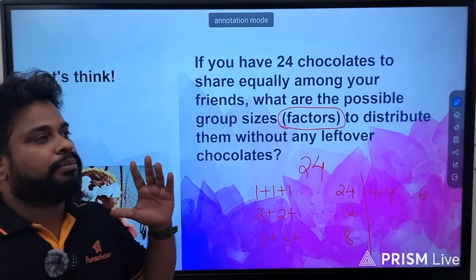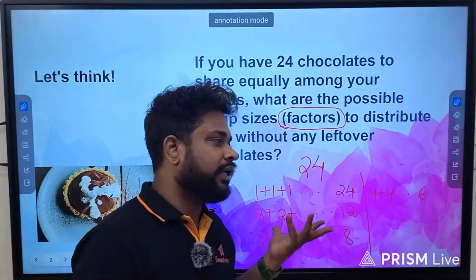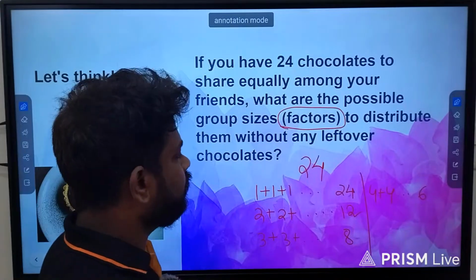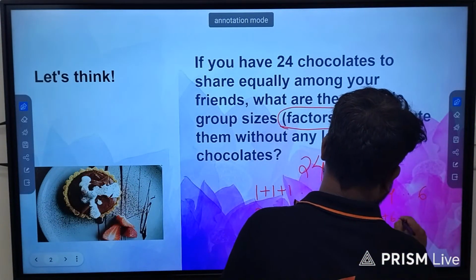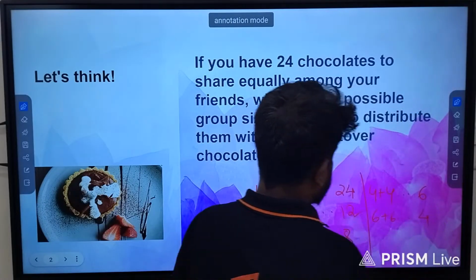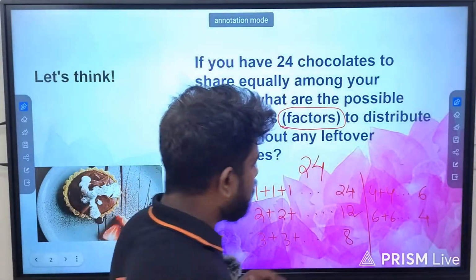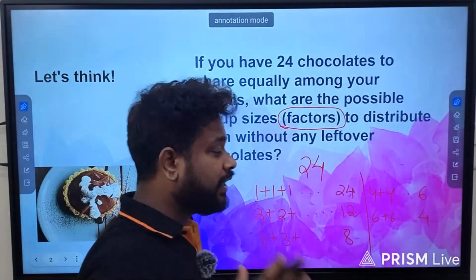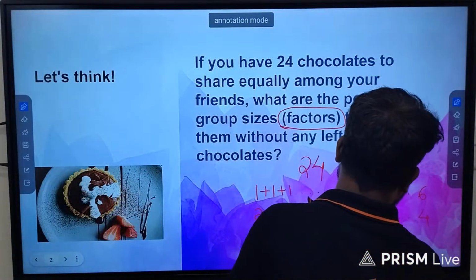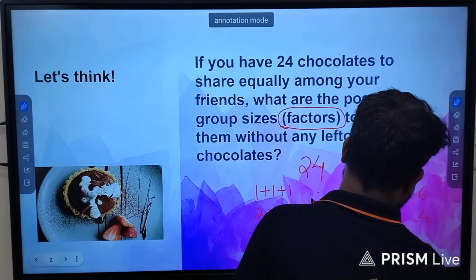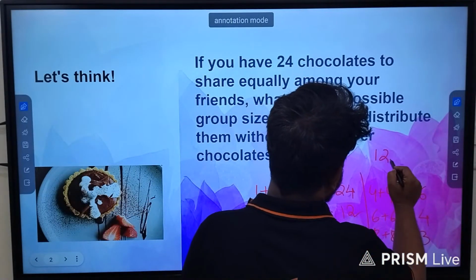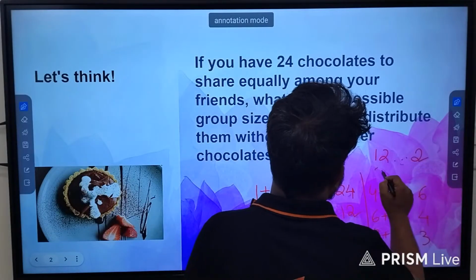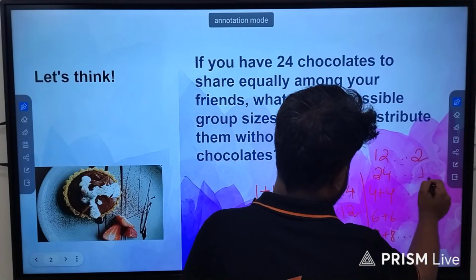By dividing it by 1 we can, 2, 3, 4, 5 we can't, 6 we can: 6 each for 4 students. 7 also we can't, but we can divide it 8 each for 3 students, 12 each for 2 students, and 24 for 1 student.